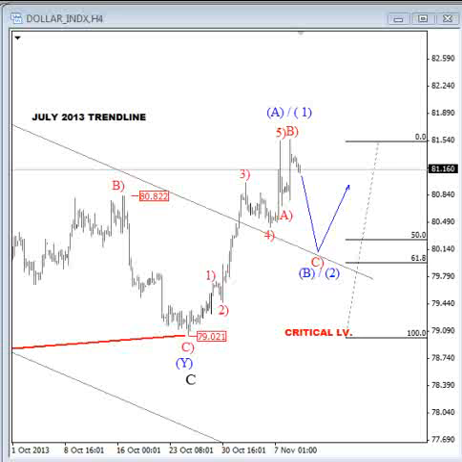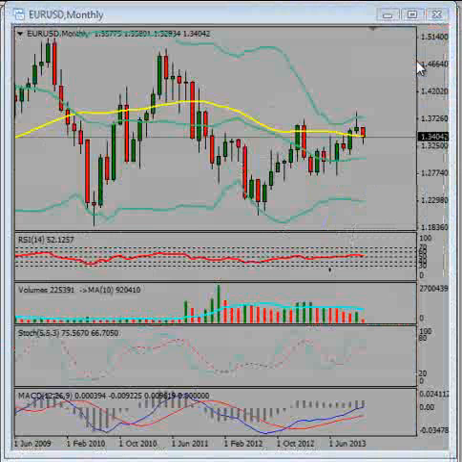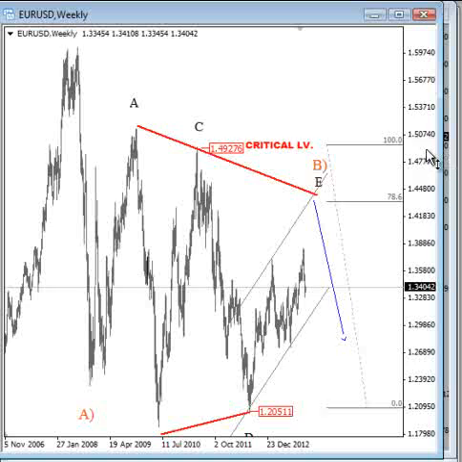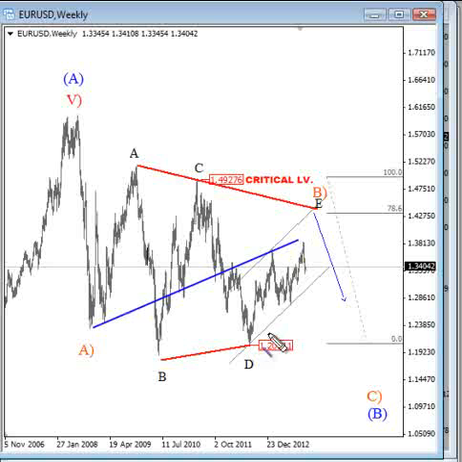And now let's take a look also, of course, at the euro dollar. On the euro dollar, as you know, we were tracking this wave B running triangle for a while, and it seems that this is the final leg of this wave B triangle.